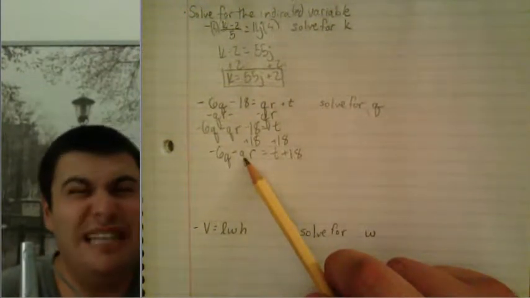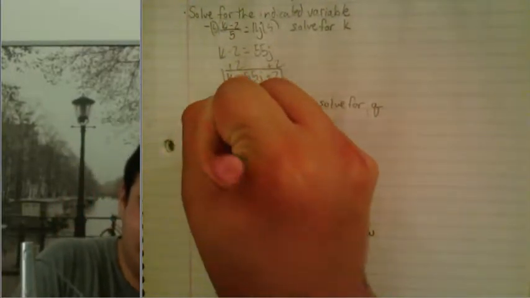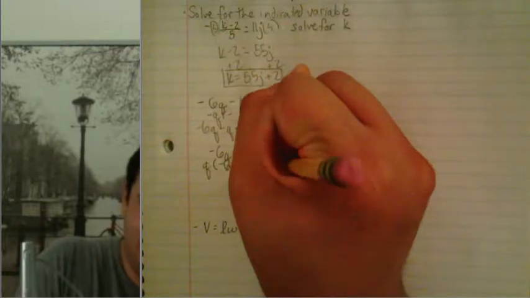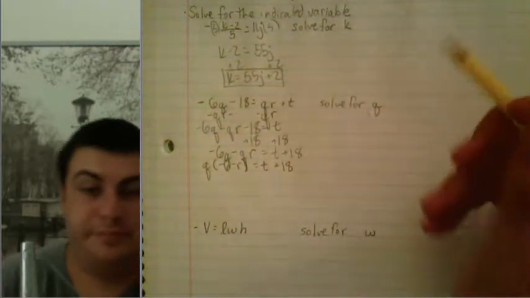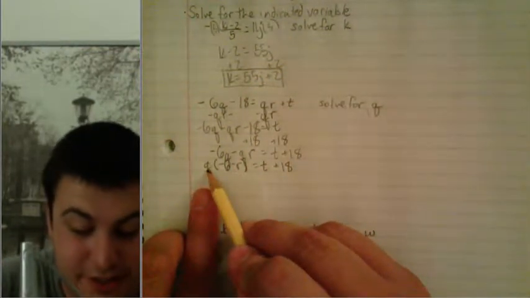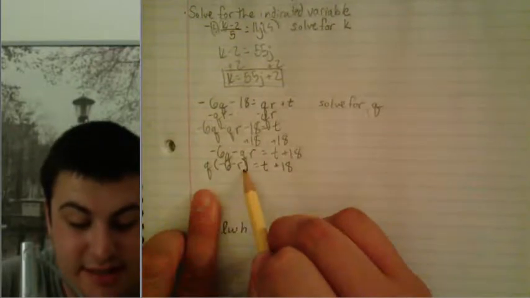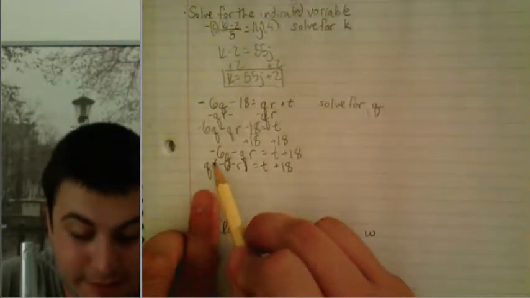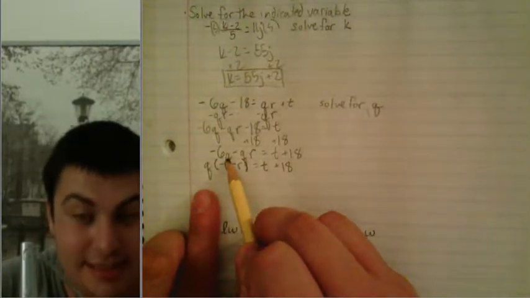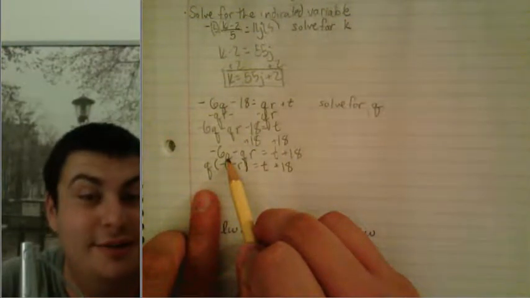So we're going to use the opposite of distribution, and we're going to write q times the group 6 minus r, equals t plus 18. We see that if we distributed q to 6 and negative r, we would get the same thing as this, 6q minus qr. We have to think tricky things like that.